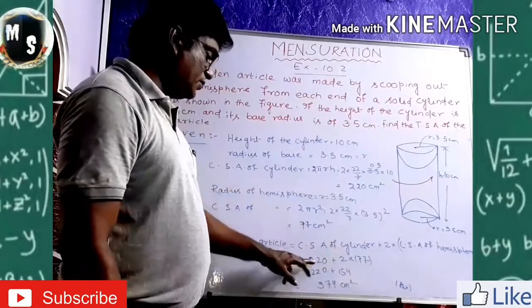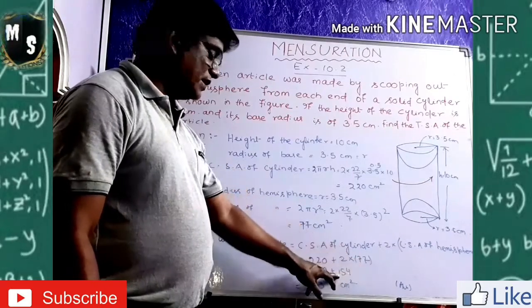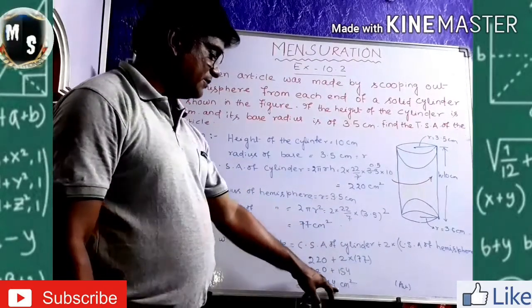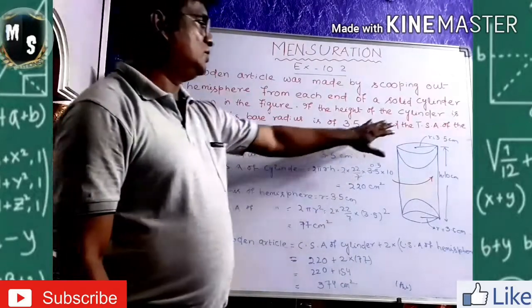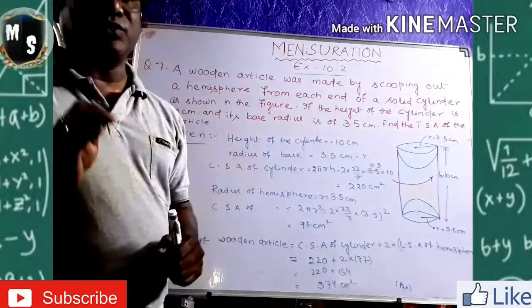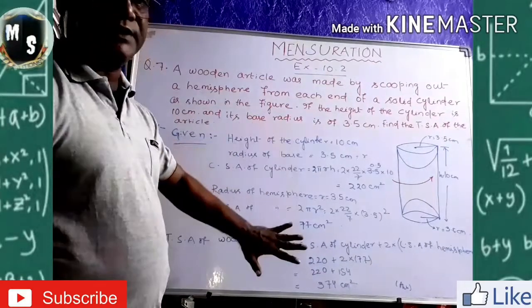CSA of the cylinder is 220. So 220 plus 154, when I add it, I got 374 square centimeter as the TSA of the wooden article. So the total wooden article TSA is 374 square centimeter. This sum is right now looking very easy.